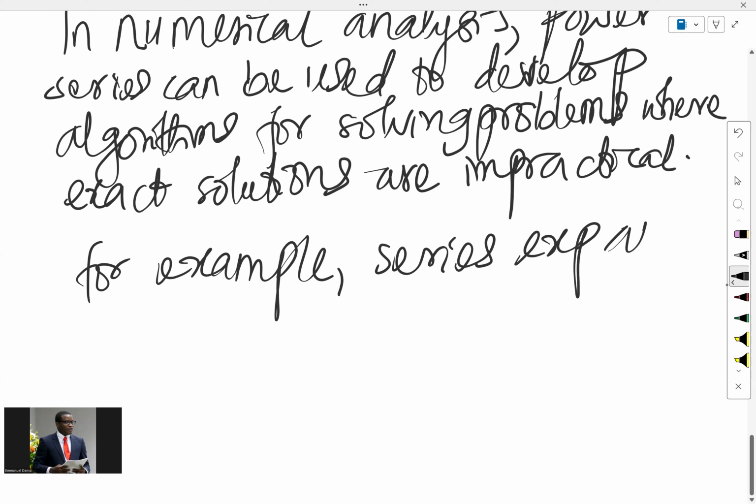Okay, consider this example. Newton's method, right?